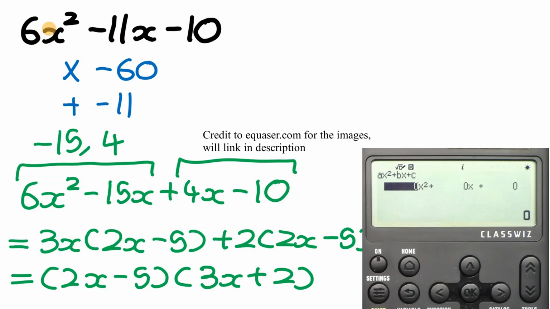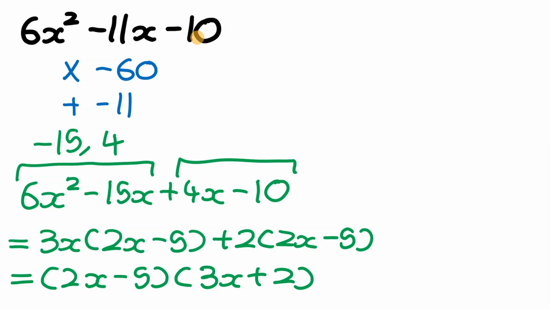So the coefficient of x squared is 6, the coefficient of x is minus 11, and the constant on the end is minus 10. If you do this and then press OK, it will give you the solutions to this quadratic equation here. Essentially what it's doing is it's equating this to 0 and finding these solutions for x, okay?